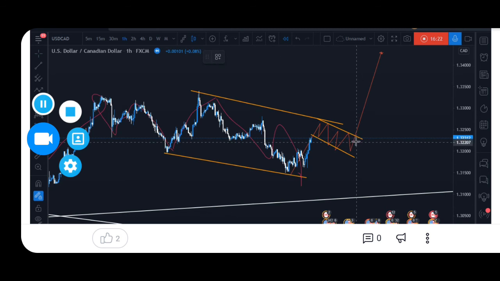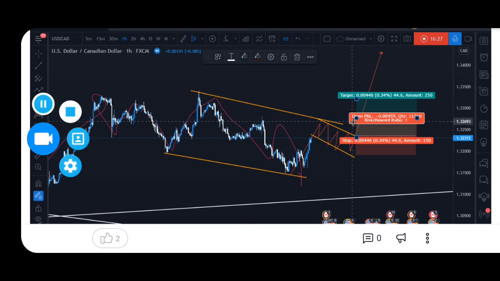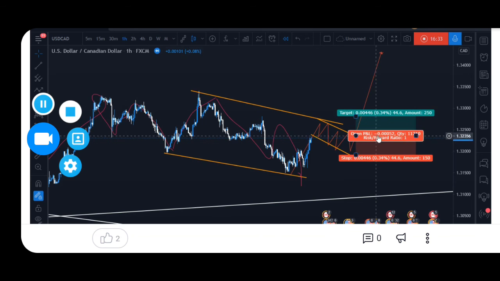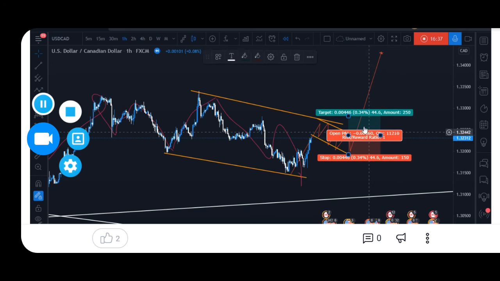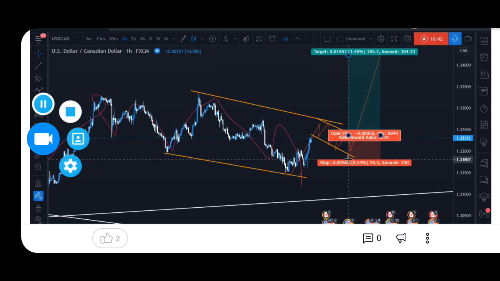So our entry would probably be at the break of that structure, moving to the upside, okay? Our stop loss will be just below that structure there.